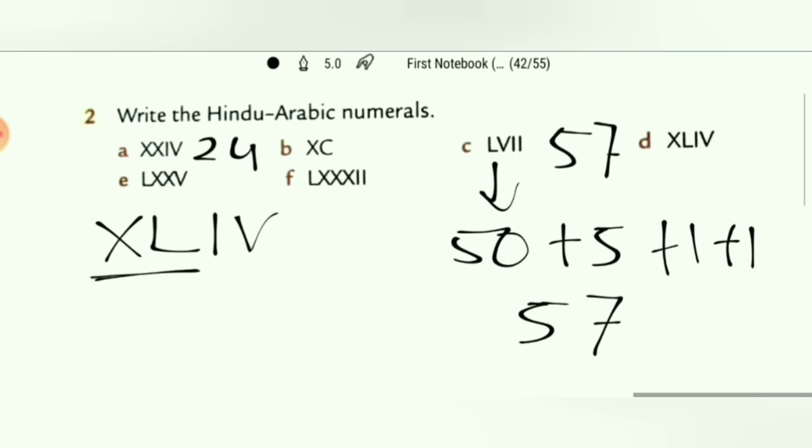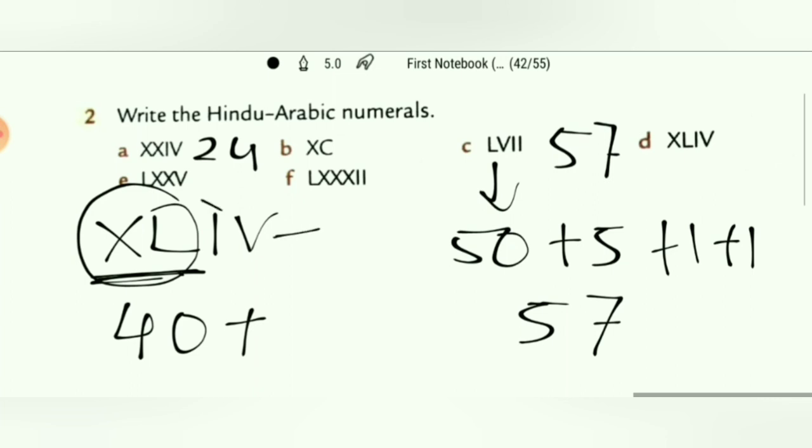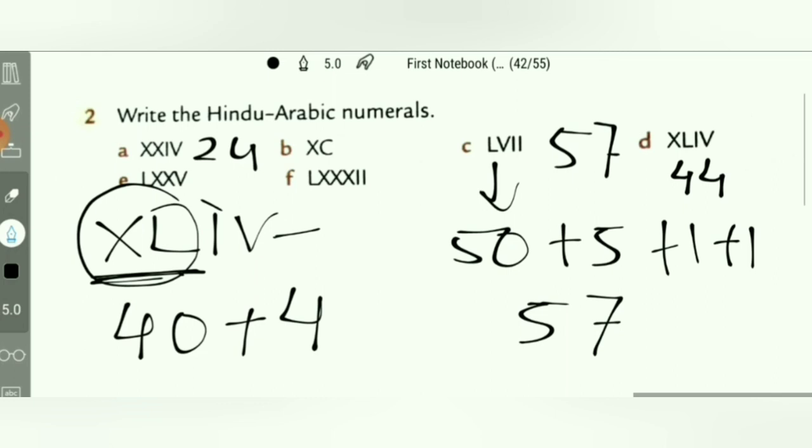In this one, this is 10 and this is 50. It means this shows 40. Plus again, this is 5, this is 1. So 5 minus 1 is 4. So here we will write 44. The rest of the questions, do it yourself.